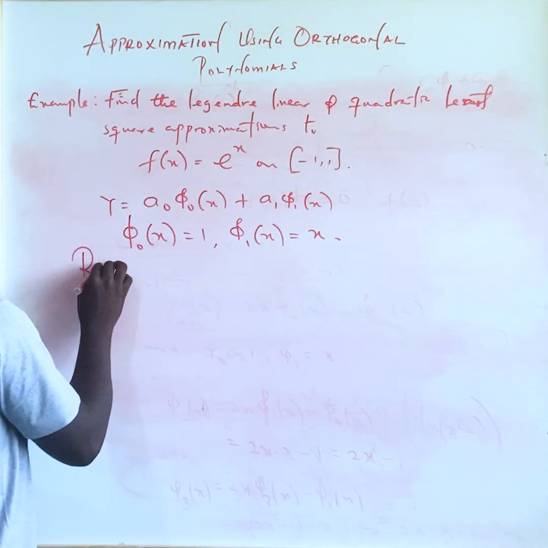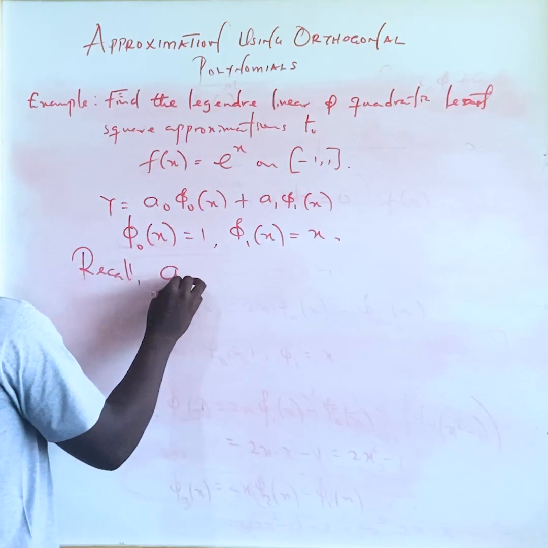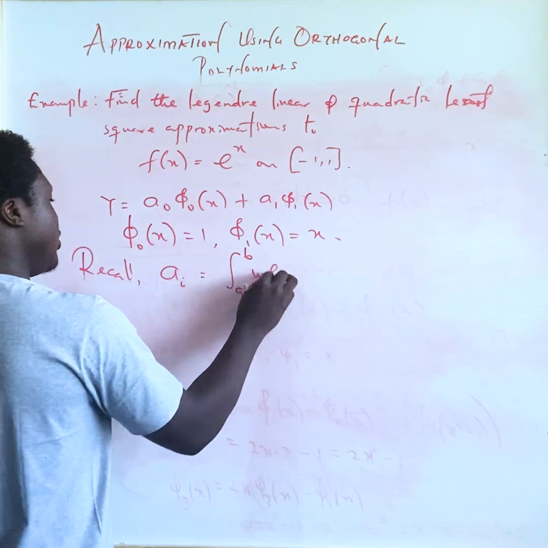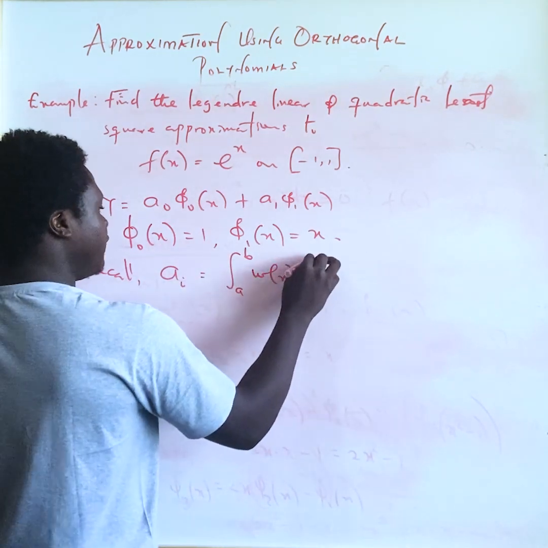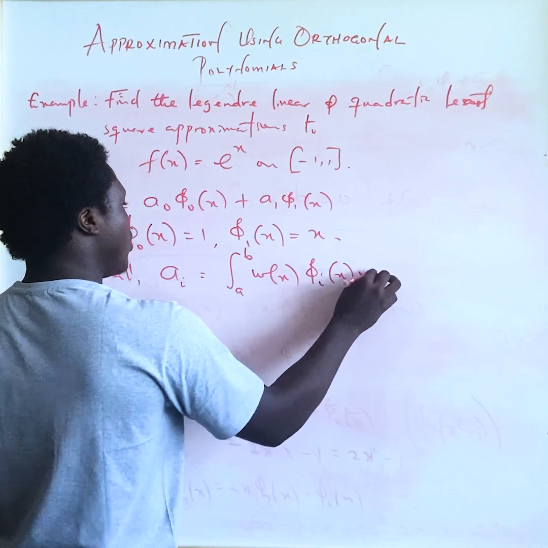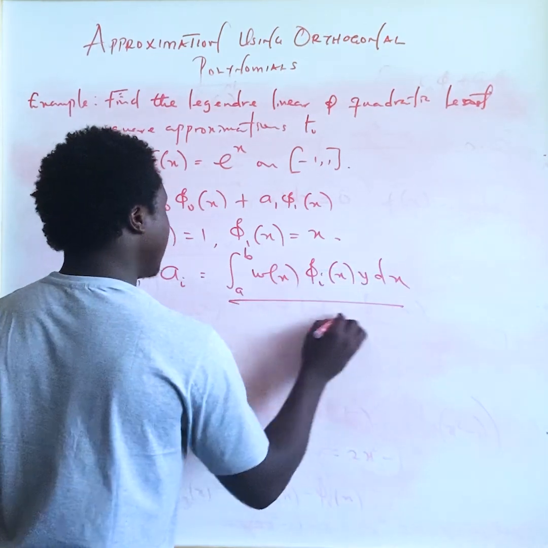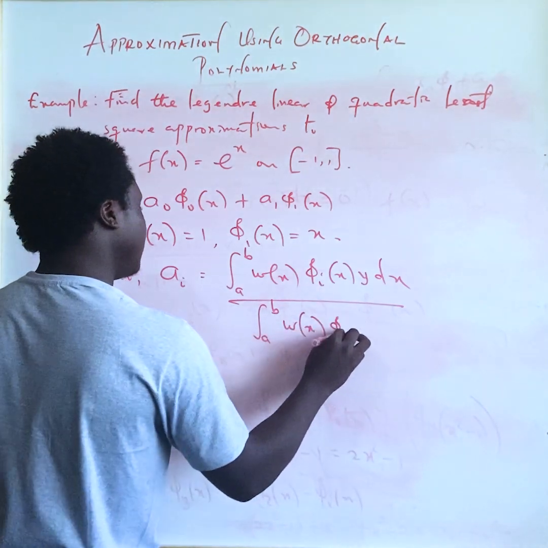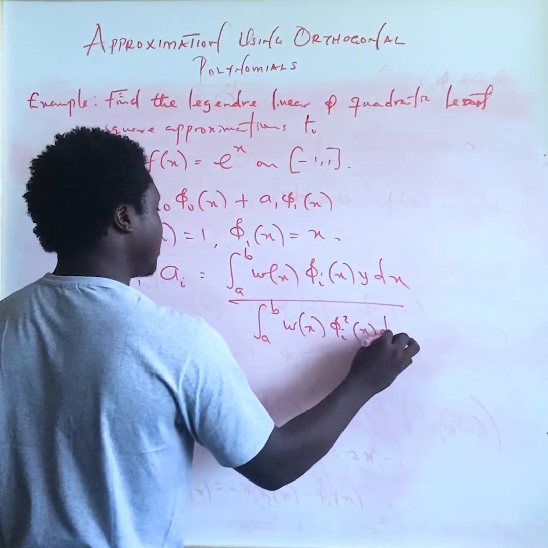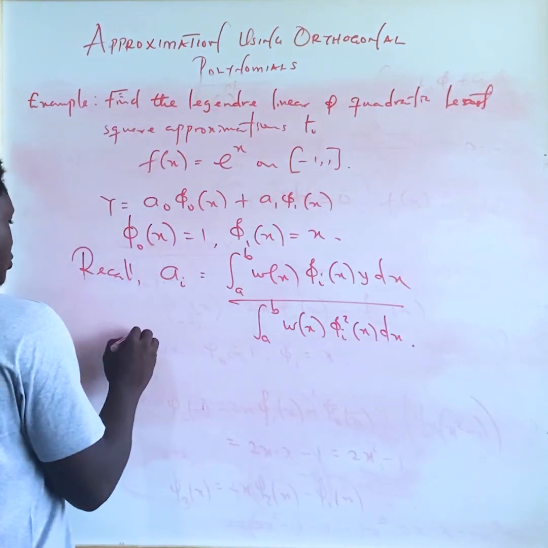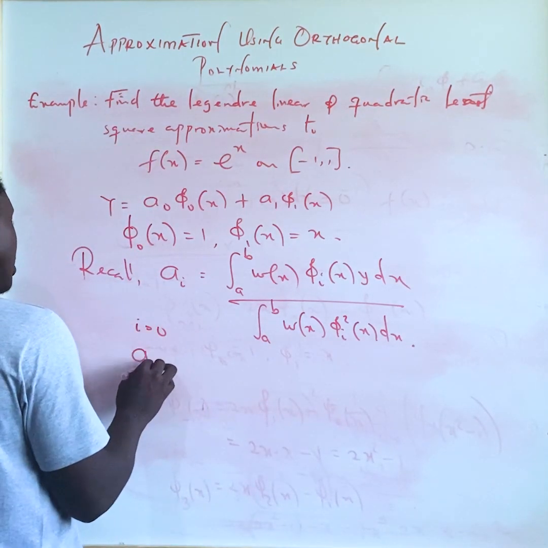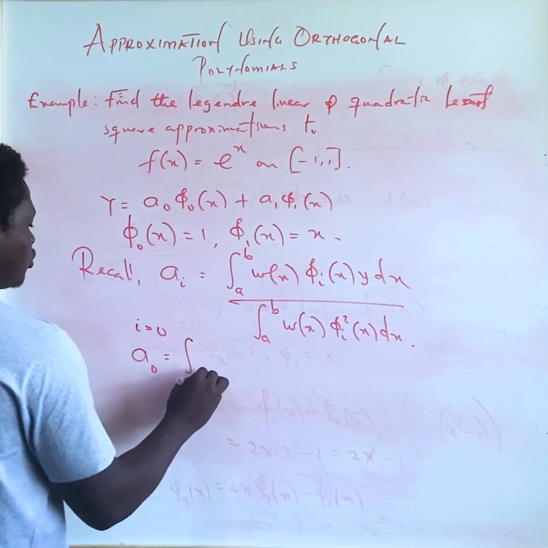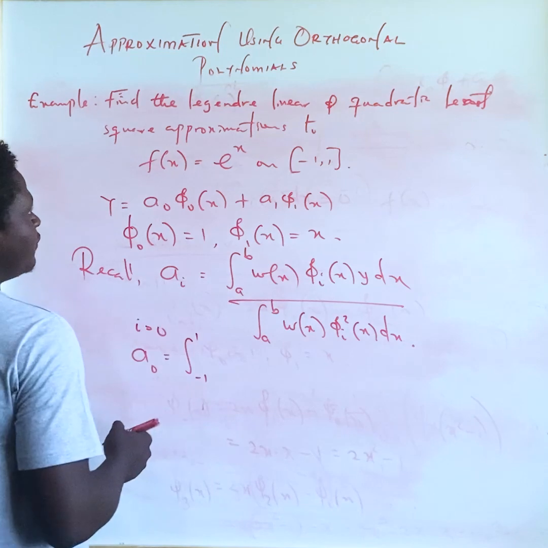Recall, we said that our ai is equal to the integral from a to b of the weight function w of x, phi i of x, y dx, over the integral from a to b of w of x, phi i squared of x dx. So when i is 0, we get a naught to be equal to the integral. Of course, our a to b is minus 1 to 1. Weight function is 1 for Legendre.